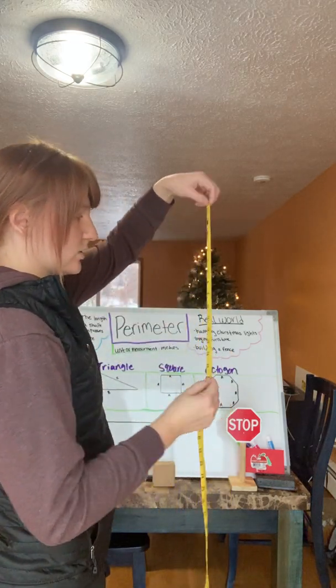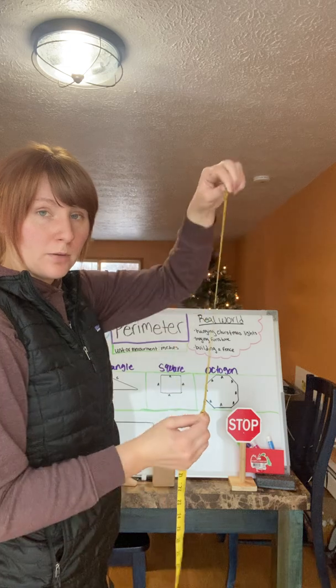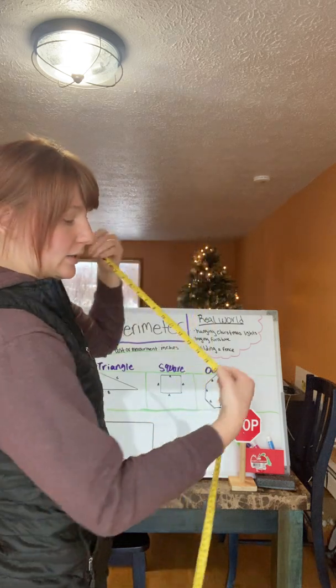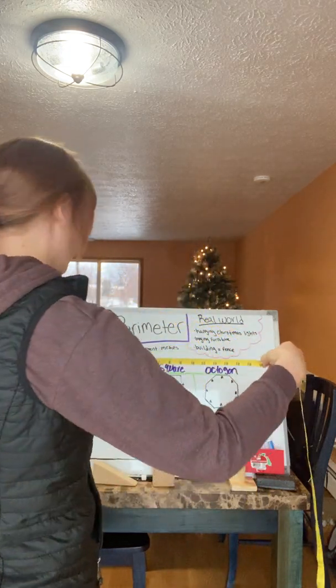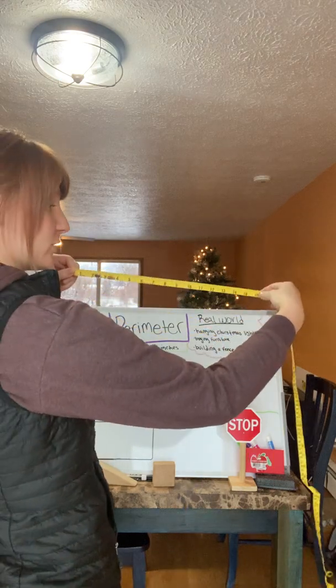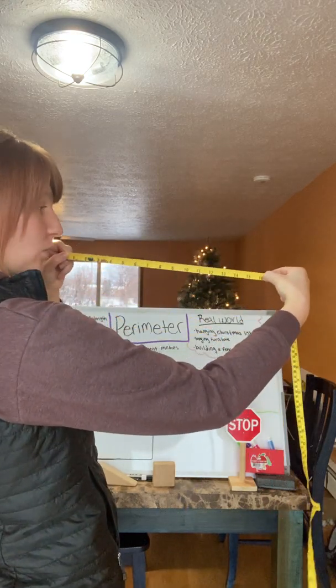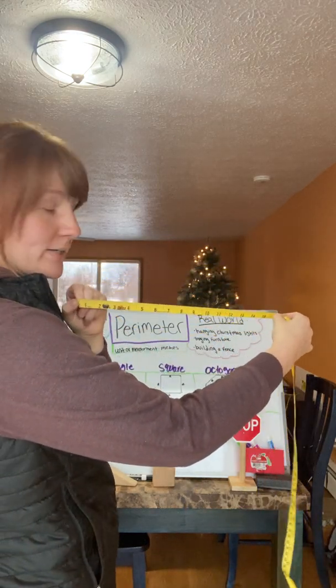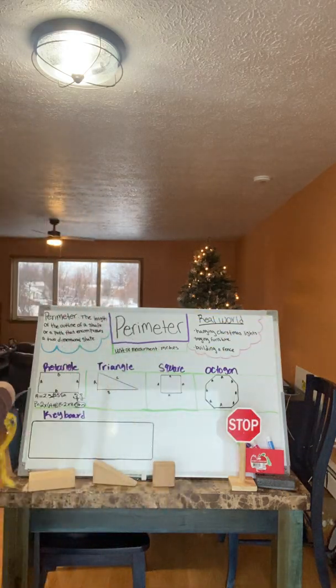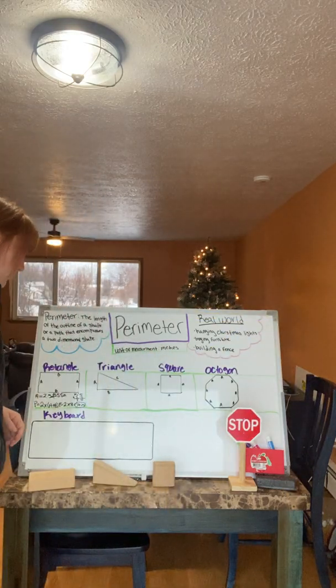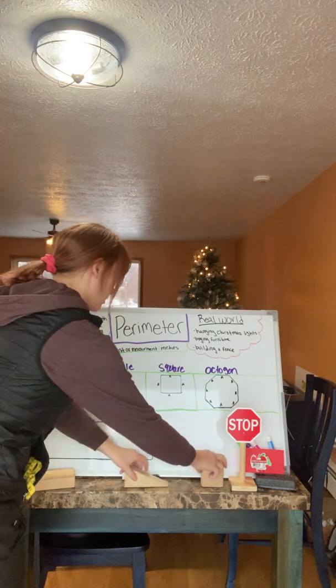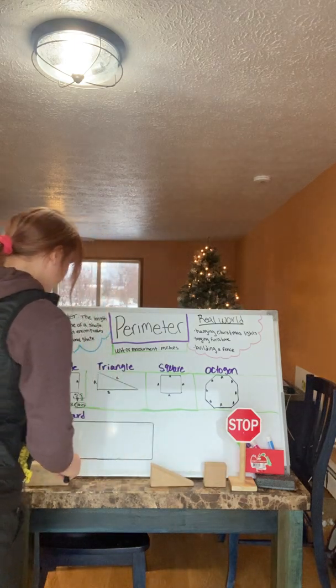So 16 inches. This is the perimeter of our rectangle, and it is 16 inches long. So we did our calculations correct, and this is a good visualization of how long the outline of our rectangle is. So let's go back over here, and let's do our triangle.